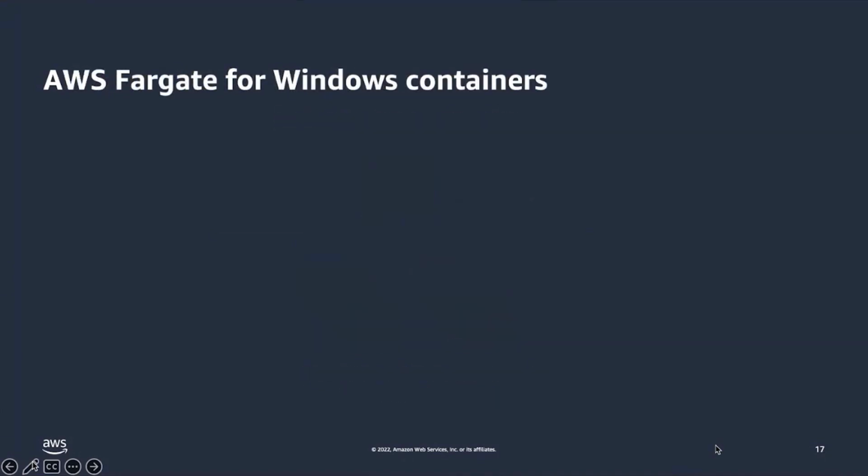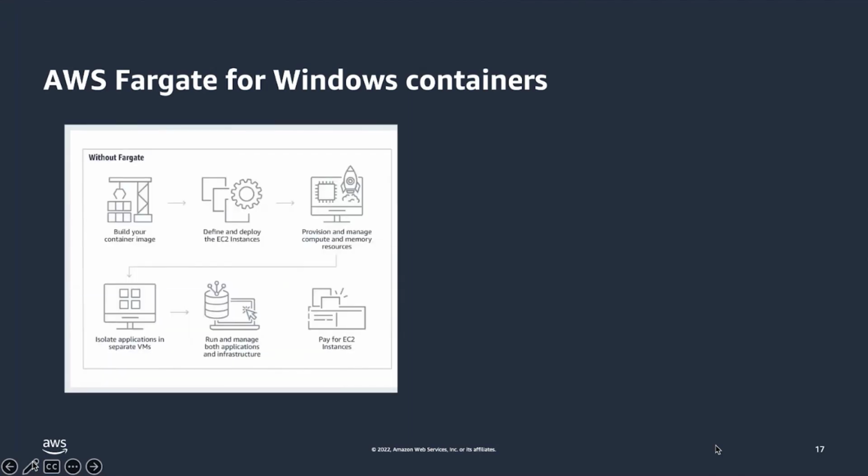And now, let's talk about AWS Fargate for Windows containers. So I just explained to you Amazon ECS and EKS. In this picture, this is actually what happens when you are running Windows containers with both options, ECS with EC2 deployment, and Amazon EKS. You build your container image, you define and deploy the EC2 instance size you want to run those containers, and you provision and manage the compute and memory resources for those containers, right?